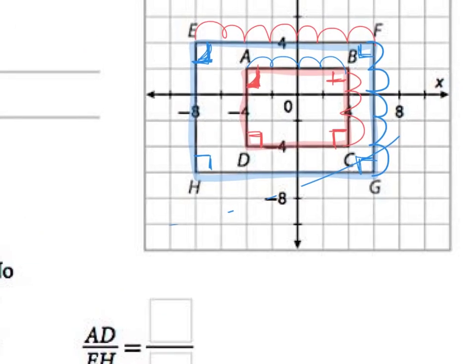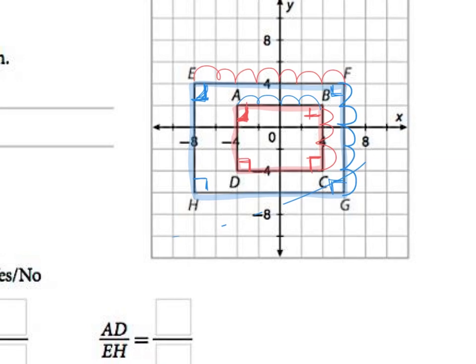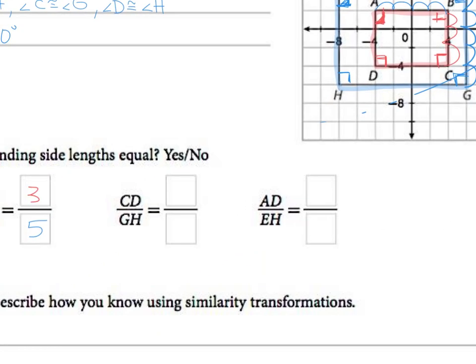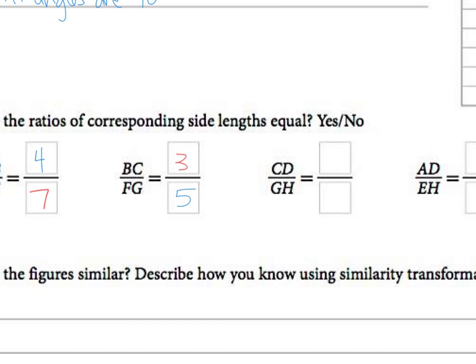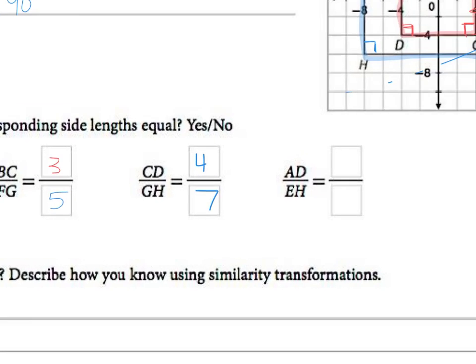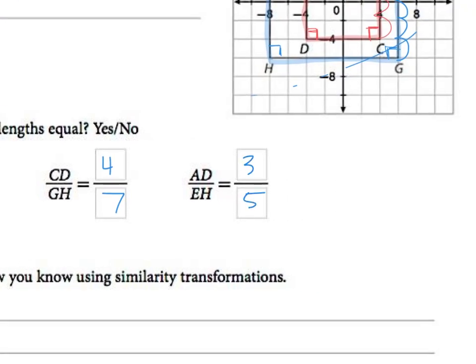And then CD over GH, because of the fact that it's a rectangle, we already know those are going to be the same as the first ones. So 4 over 7 and 3 over 5.